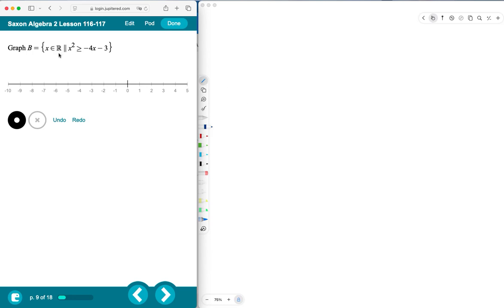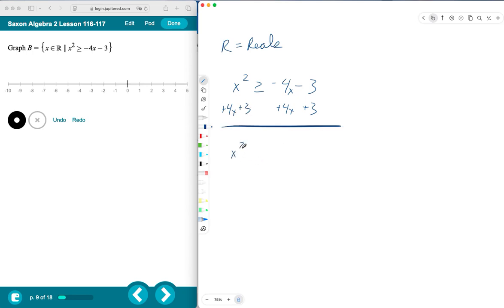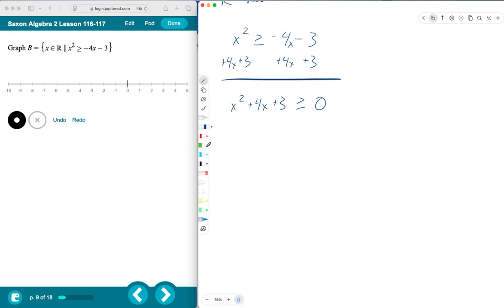Here we have R. R is reals. So what do we do when we graph reals? We draw the line. So I've got x squared greater than or equal to negative 4x minus 3. Add 4x, add 3 to both sides. All right, so we've got x squared plus 4x plus 3 greater than or equal to 0. Let's go ahead and factor it, so it's going to be x plus 3, x plus 1 greater than or equal to 0.